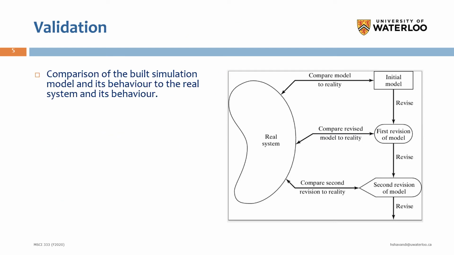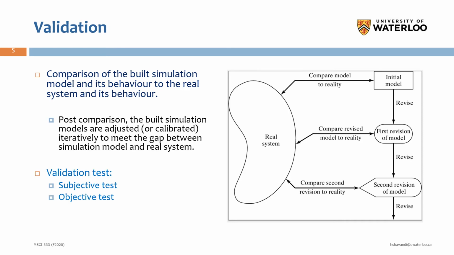And then in validation, we compare the behavior of the built simulation model with the real system. So we compare the results, and after any test, we may do some adjustments and calibration in our simulation model. We may do this several times in order to have a validated simulation model. Here we can do subjective and objective tests.